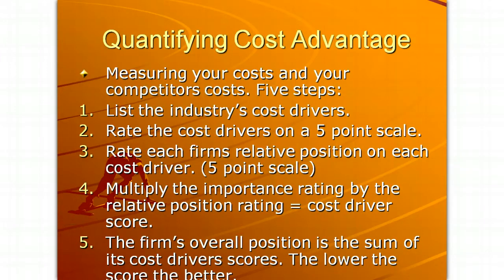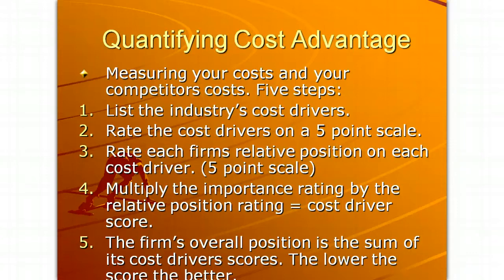Okay, so if you look on page 80 in the textbook, Kellogg on Strategy, table 4.2, you'll see that they give you a little chart here. For example, the first thing we want to do is list the cost drivers. So here they have economies of scale, economies of scope, learned economies, capacity utilization, wages, labor efficiency, material purchases, material efficiency.